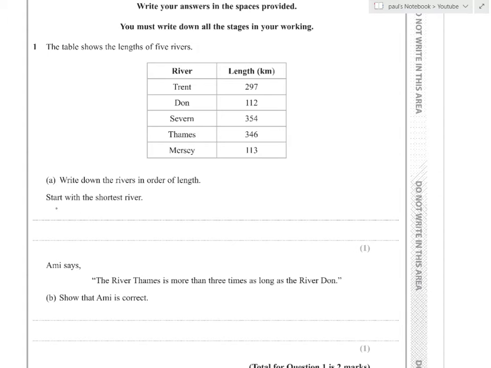So the shortest is the Don, then the Mersey, Mersey with an E, then the next one is the Trent, then the Severn, no, not the Severn, is it? The Thames, and then the Severn.